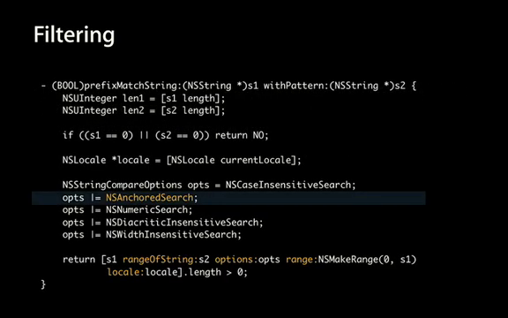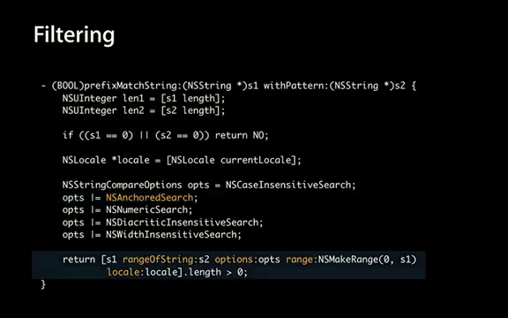So, in fact, prefix matching is not a comparing operation. It's a searching operation of a special kind. And by specifying the NSAnchoredSearch option, the searching can be pinned at the beginning of the string.